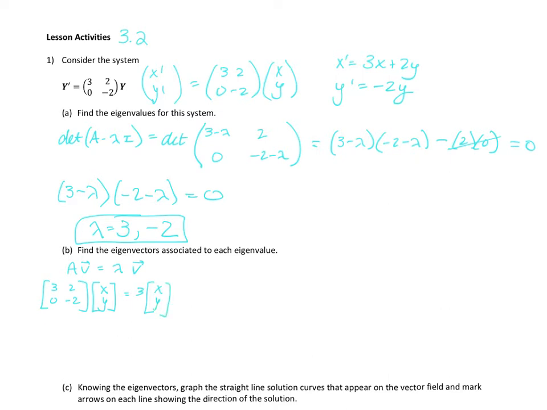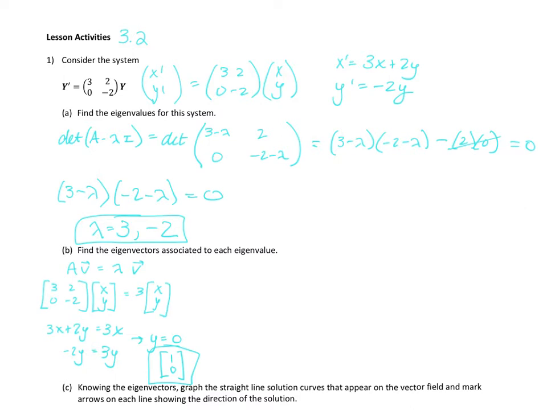Translate this to equations and we get 3x plus 2y equals 3x and negative 2y equals 3y. Both of these say that y is 0. So you can pick any vector that has a y entry of 0. So 1, 0 would be a nice easy one. There are infinitely many. You could do 2, 0 or 5, 0 or negative 10, 0. Any vector that satisfies y equals 0 is an eigenvector associated with lambda equals 3.